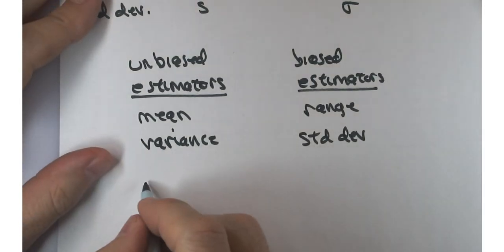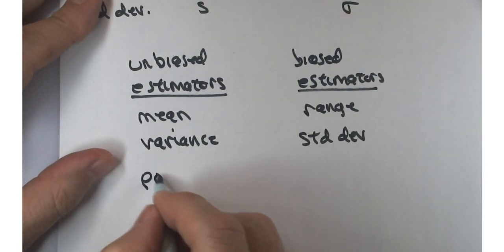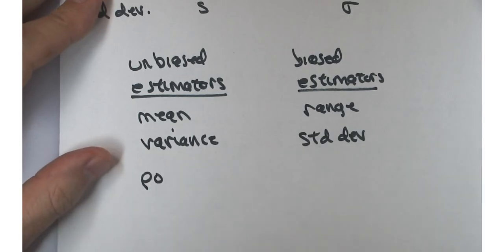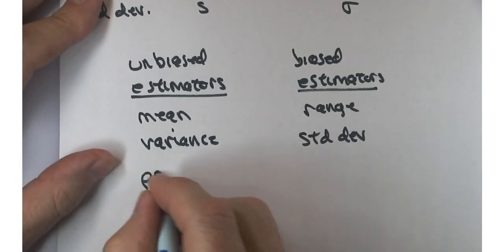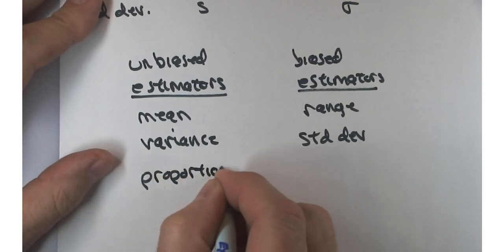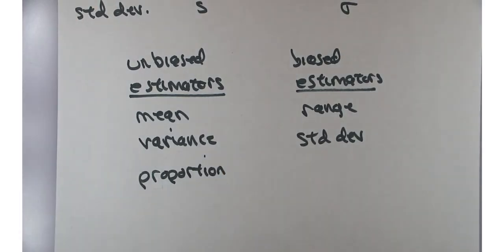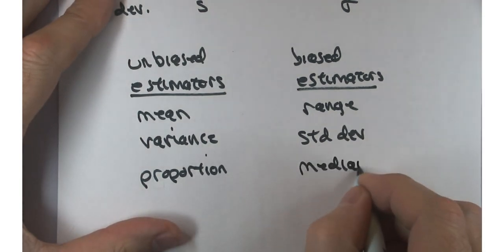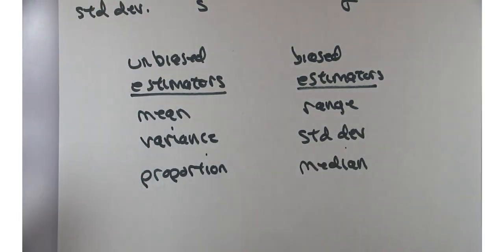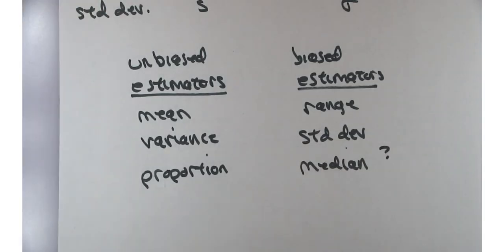Finally, the sample proportion is a good estimator of your population proportion. I think the median is a biased estimator. On that one I'm not 100% sure, but I think so. So those are your unbiased and biased estimators.